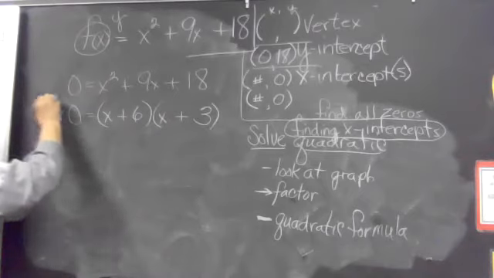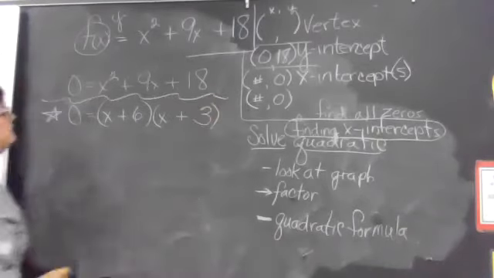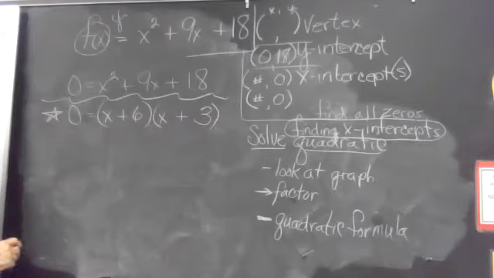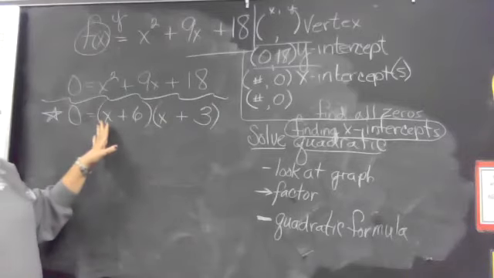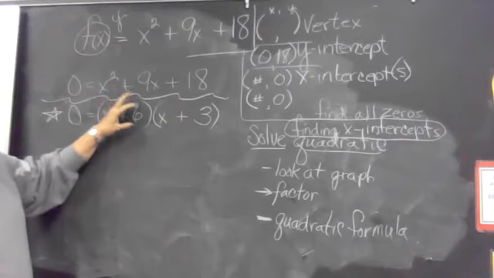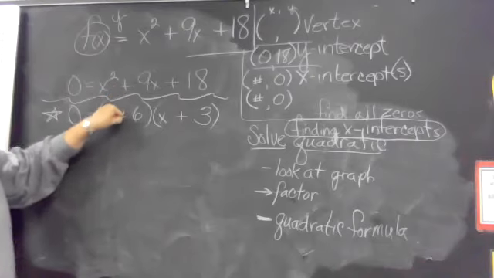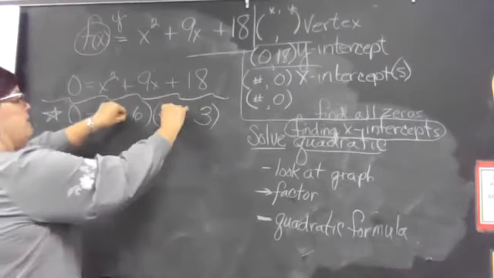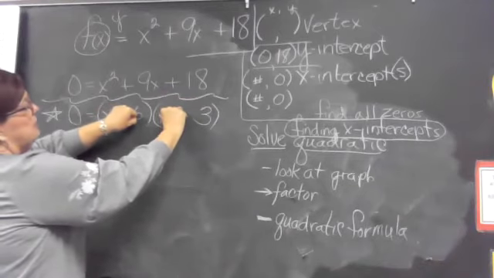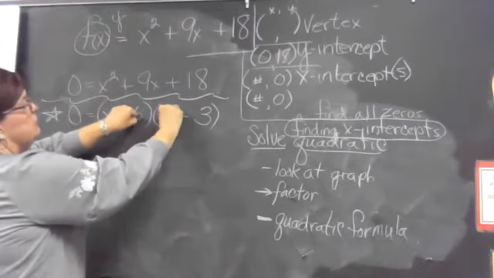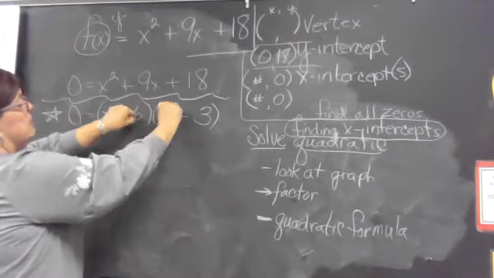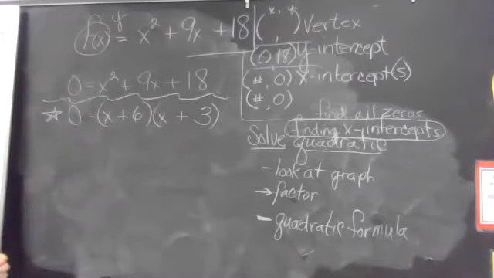The way that you do this is, think about this. In my hand, I have a mystery number here. And in my other hand, I have a mystery number here, okay? And I'm going to multiply those two mystery numbers together, and I'm going to get 0, okay?